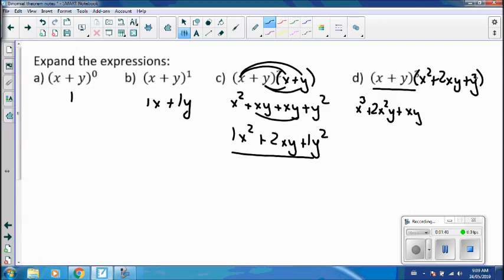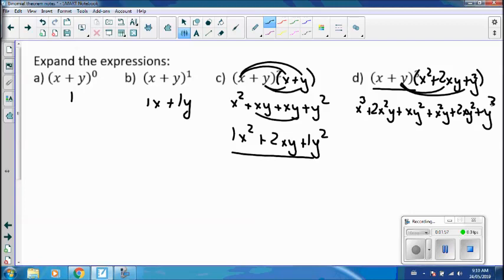Oops, that was squared. I was thinking something was kind of wrong there. There it is, an xy squared. And now the y times everything is going to be another x squared y. This here is going to be 2xy squared. And lastly, a y cubed.